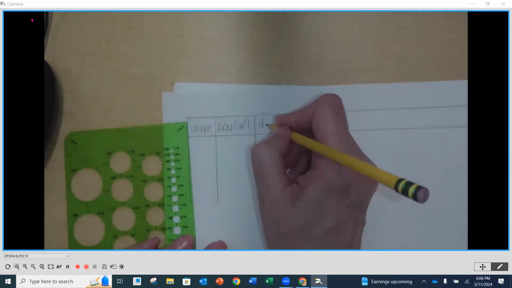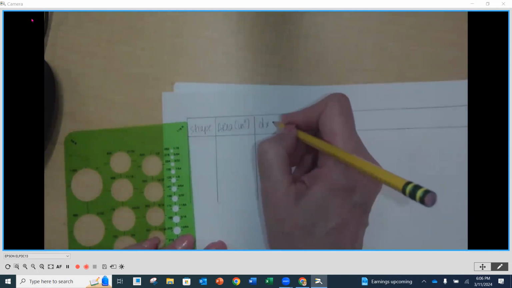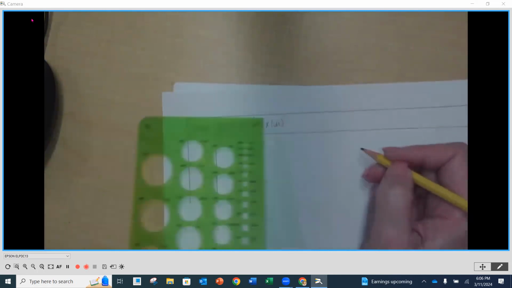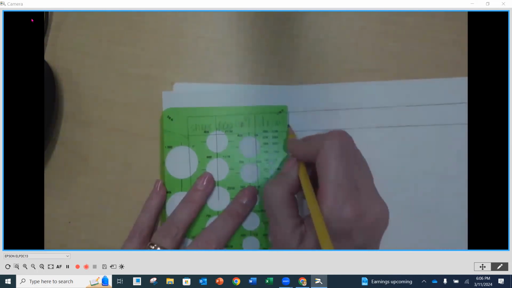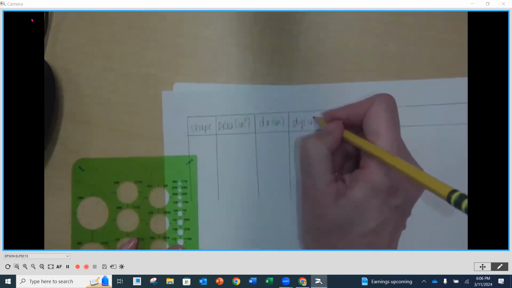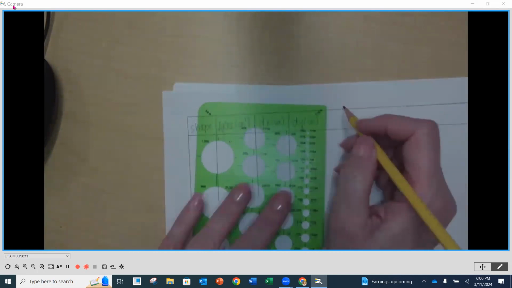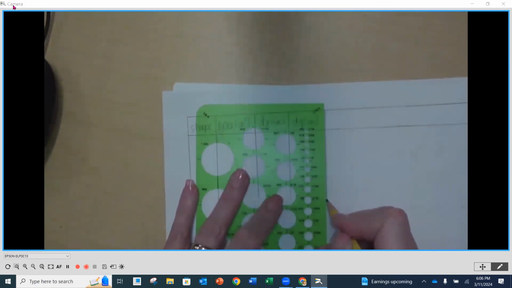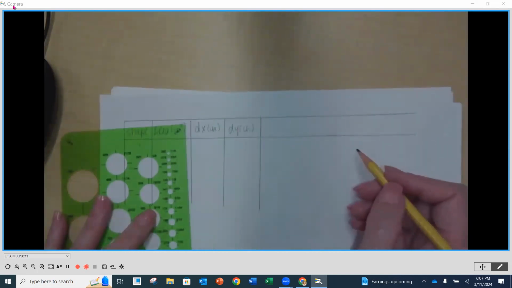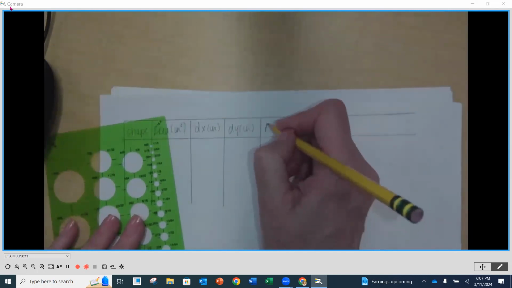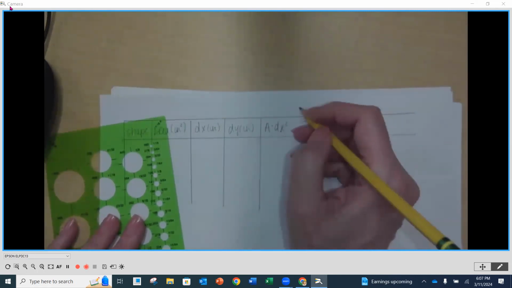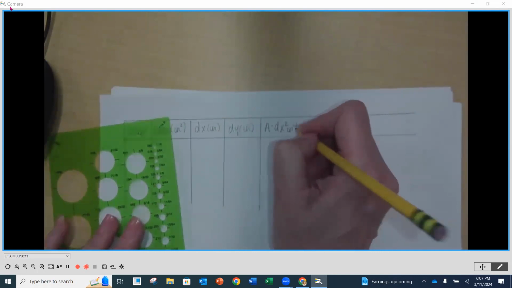Then we're going to have distance x in inches. Distance y in inches. It's really just grabbing all the variables that we collected. Then we're going to have A times dx squared, and that's going to be inches to the 4th.